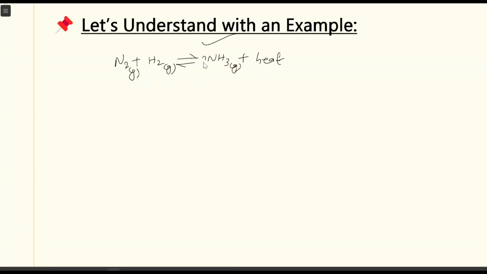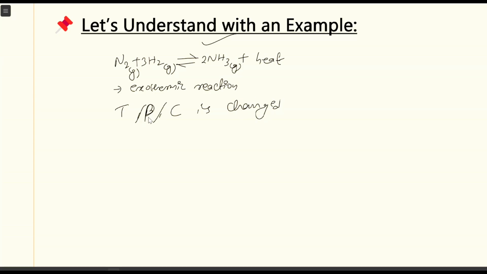To balance this reaction, we need to put 2 over here and 3 over here. Now, what kind of reaction is this? This is an exothermic reaction, right?